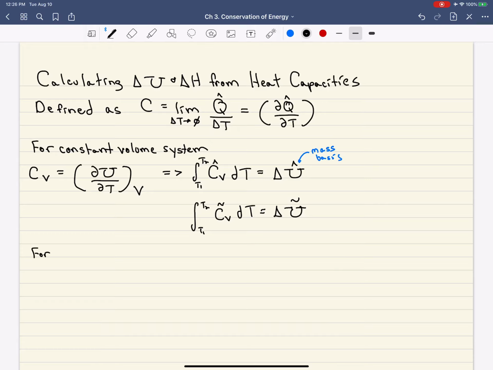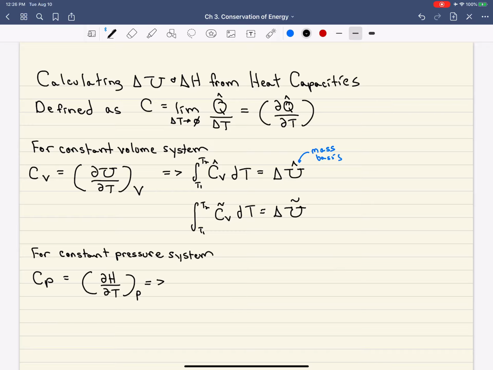If we have a constant pressure system, where the volume is allowed to change, we know that our constant pressure heat capacity here, Cp, is equal to the partial derivative of the enthalpy with respect to temperature at a constant pressure.